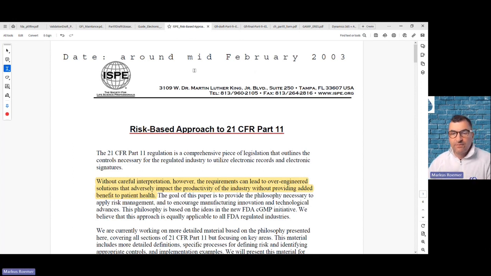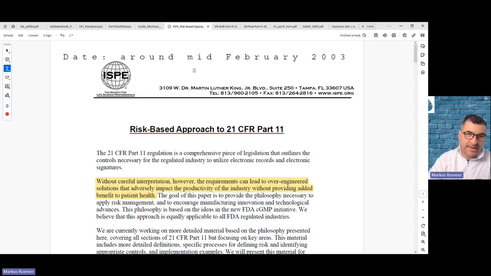And you will find there something like a message: we are not willing to spend more, whatever, dollars, Deutschmark, Swiss francs, pounds on Part 11 compliance. We get so many guidance for industry documents, and it's very hard to do so. Okay, so this is how the answer of the industry was.